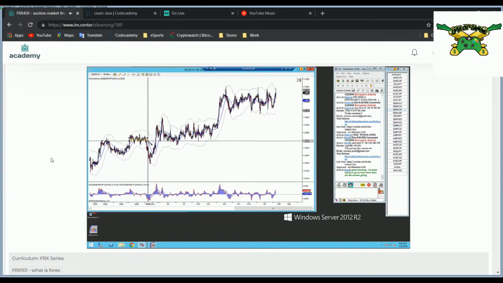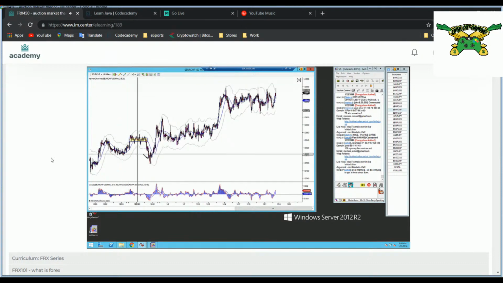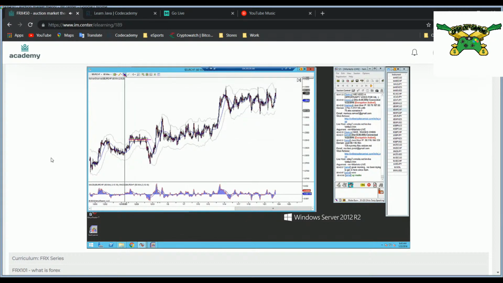Where 70% of the main action has taken place, and this is called a point of control. All right? Point of control.